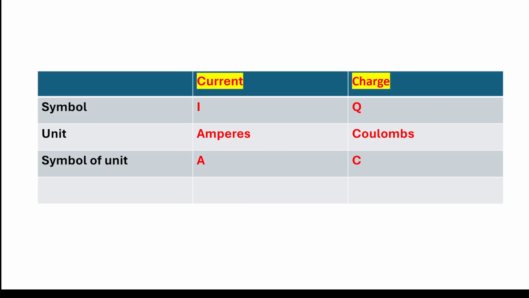So now, this is a recap. If current is the flow of charge, the equation that relates them, in symbol form, the charge is Q, current is I. Current is defined as the change of charge, whatever charge has flowed in a given time.